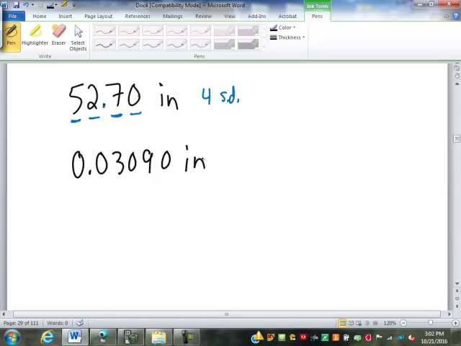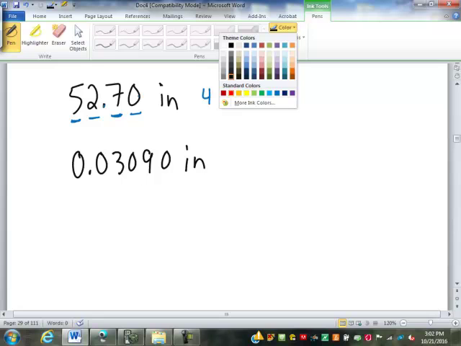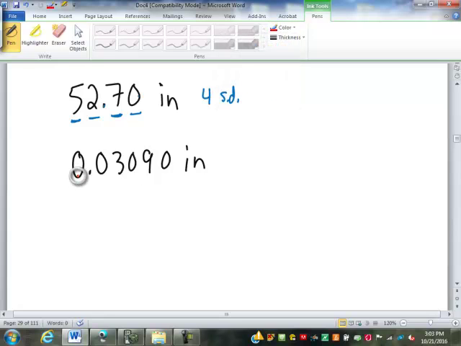So this one, 0.03090 inches. Is this 0 significant? No. Zeros at the beginning are never significant. This one? No. How about the 3? Of course. 3s are always significant. This 0 here is why?